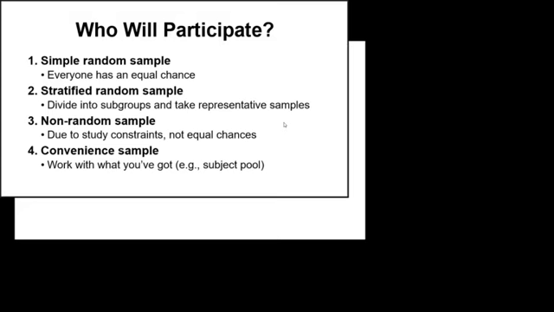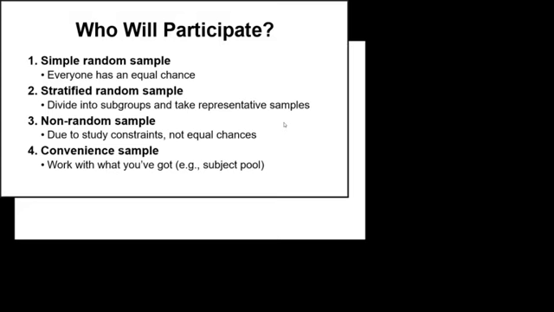But on that note, non-random sampling is when there are not equal chances for everyone in the population to be sampled. This usually happens due to some kind of study constraint, mostly because it's almost impossible to do a properly random sample. There is no database of all university students in North America. That is a massive privacy problem.